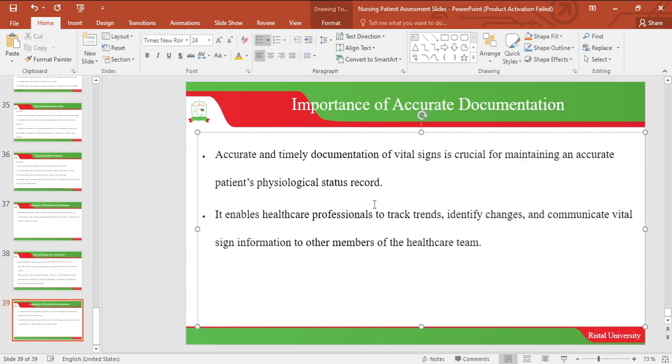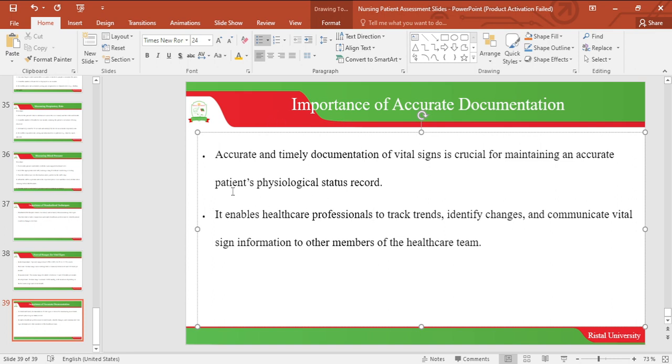Importance of accurate documentation. Accurate and timely documentation of vital signs is crucial for maintaining an accurate record of the patient's physiological status.